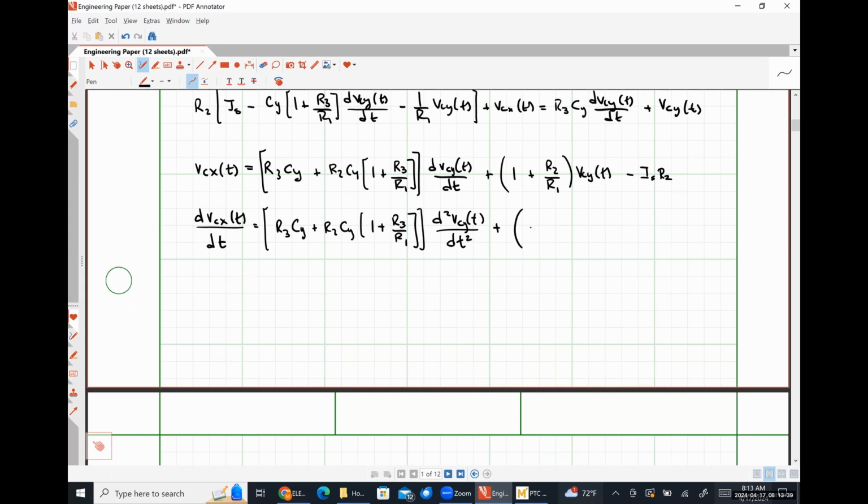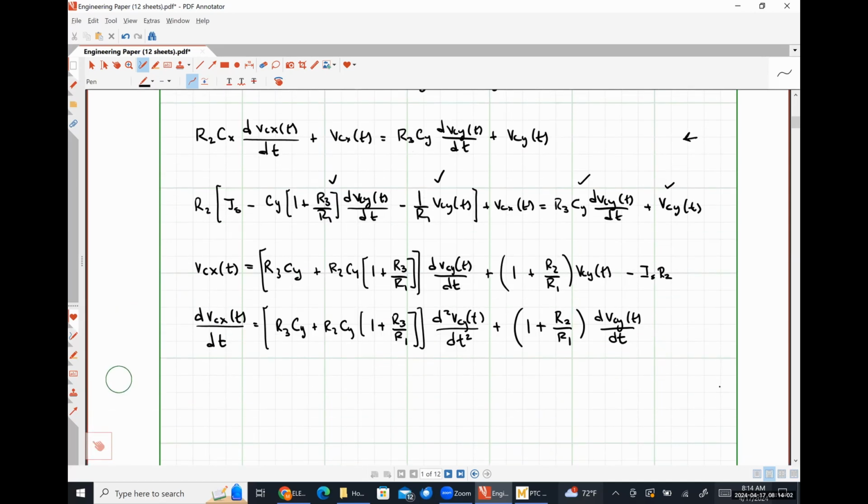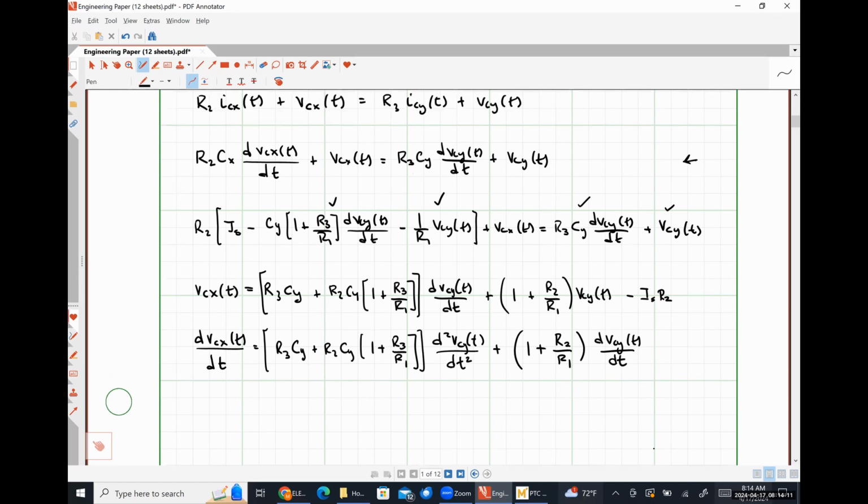And then 1 plus R2 over R1 times the derivative of VCY with respect to time. And so now I have the derivative by itself expressed only in terms of VCY.